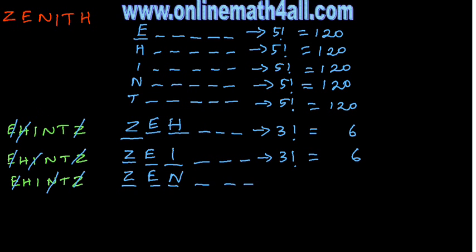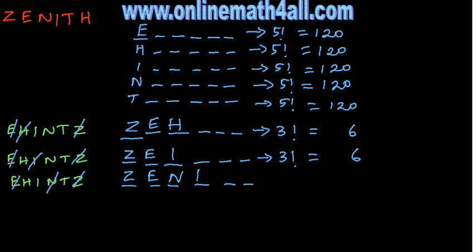Now the 4th place is to be filled with one of the remaining 3 letters in alphabetical order. The 3 remaining letters are H, I, T. It's very clear, H comes first.